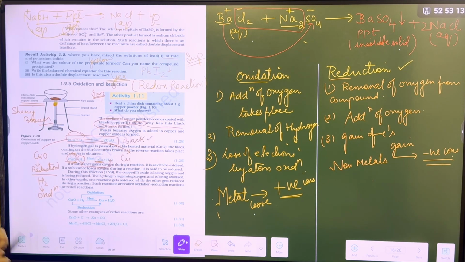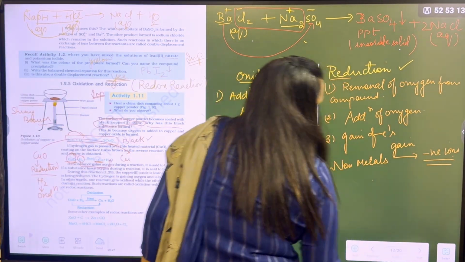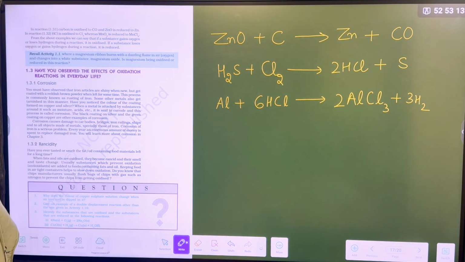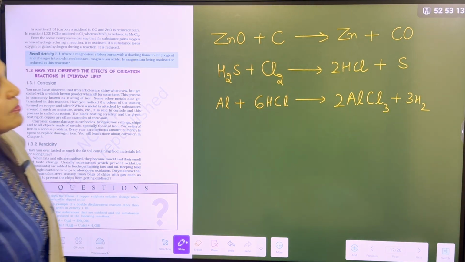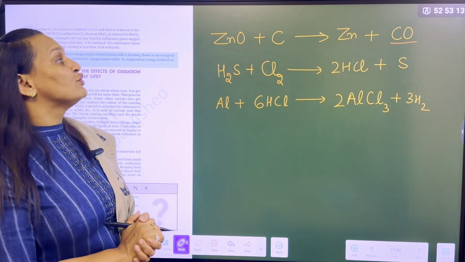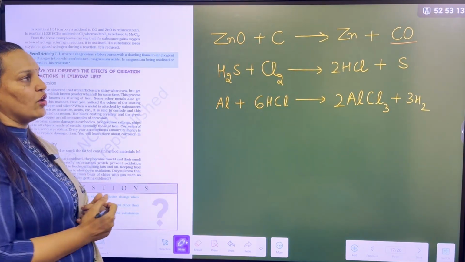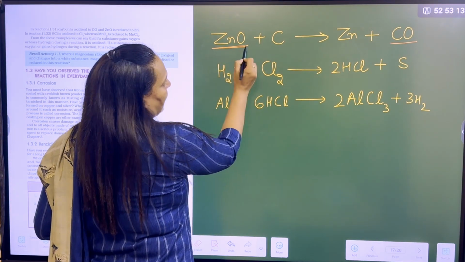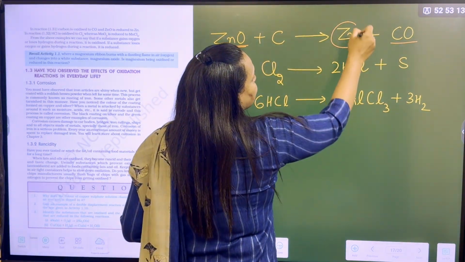Zinc oxide plus carbon. I have written here. I will show you here on the board. Zinc oxide plus carbon gives you zinc plus carbon monoxide, right? So the first question is, which compound is undergoing oxidation and reduction? Compare. Here it is zinc oxide, but here it is only zinc.